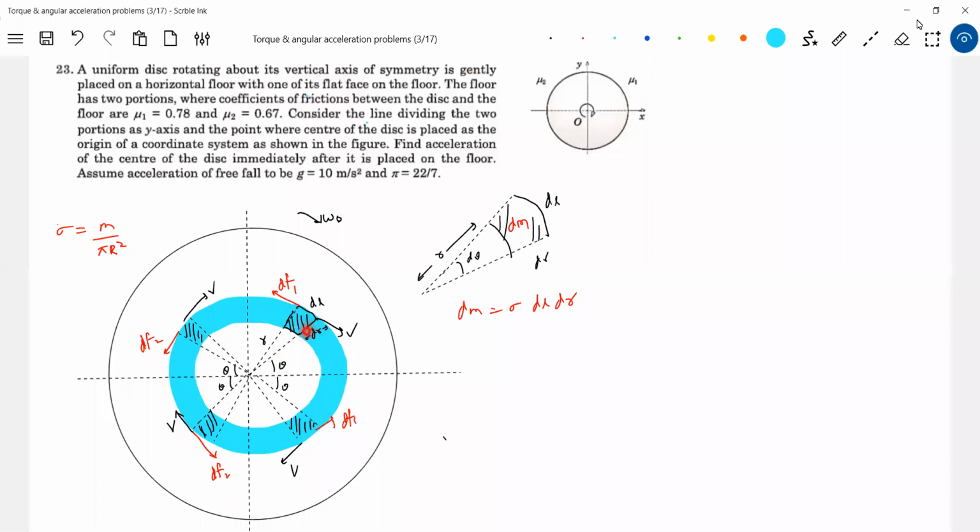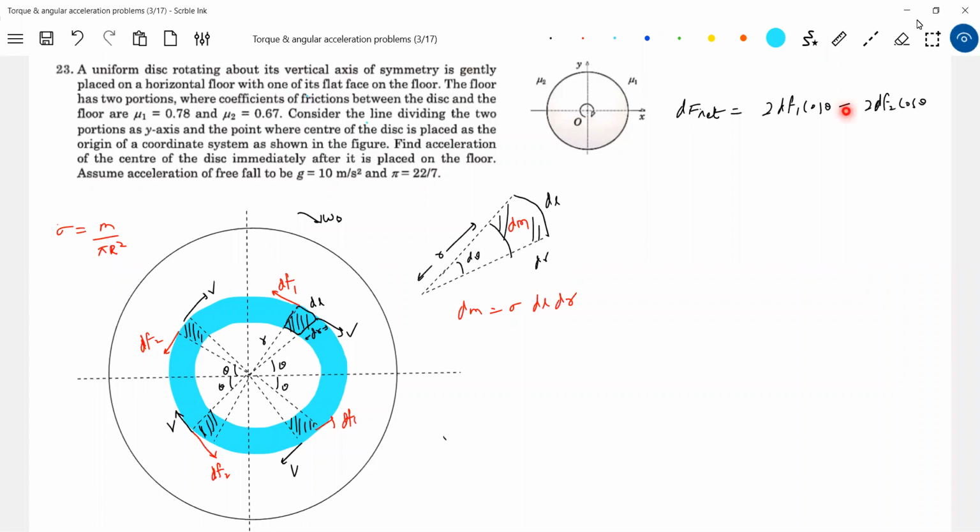So let's get into the picture now. Acceleration is what is being asked. So I just took these four elements. What is the resultant force now? dF net should be equal to 2 dF1 cos theta minus 2 dF2 cos theta.